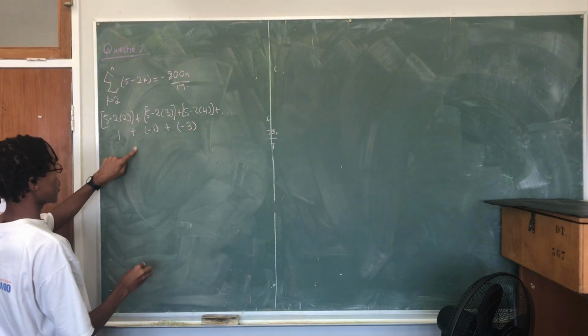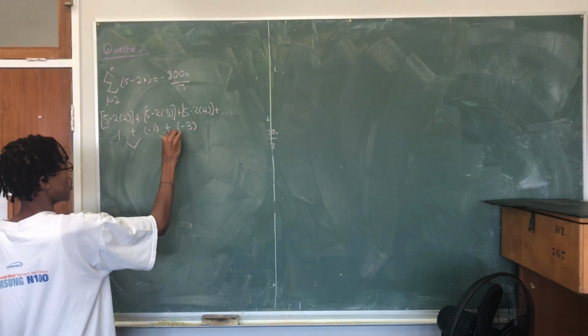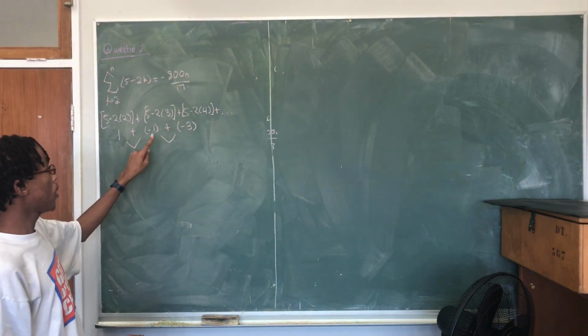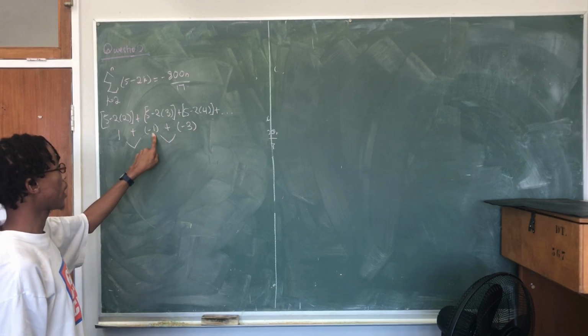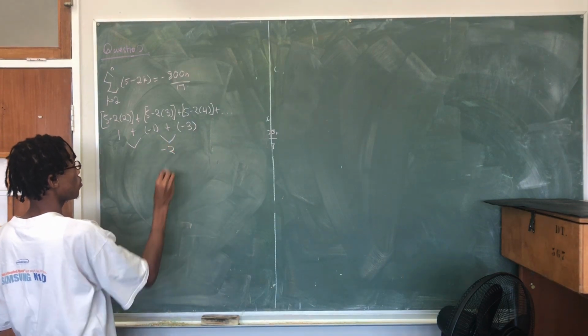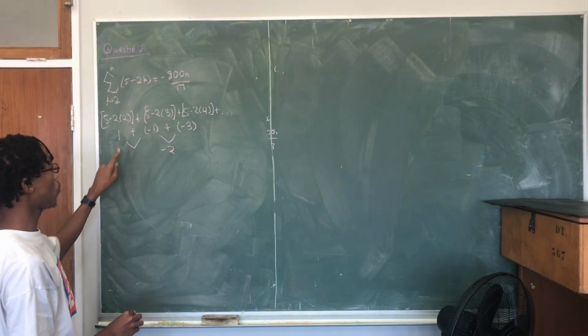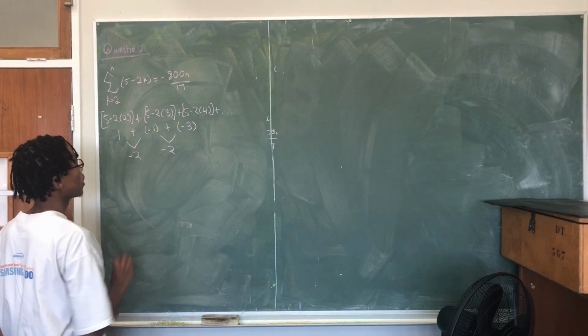And then finding the difference between these, the difference between negative 3 and negative 1 is going to be negative 2. Negative 1 and positive 1 is going to be negative 2.